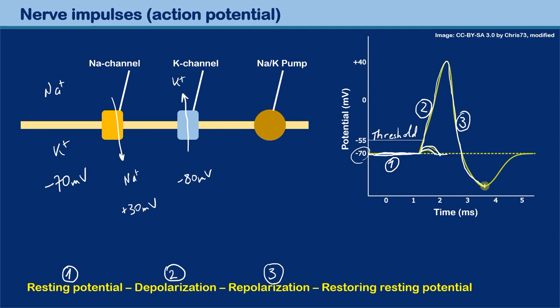And then we have to restore the resting potential again. We got to go back to minus 70, but that's not the main point. We got to get the potassium back on the right side. So even though the polarization of the membrane does not change a huge deal here, we still got to change the ions around. So that's number 4, the restoring of the resting potential, and that's basically what happens when we pump in the potassium again and the sodium goes out.